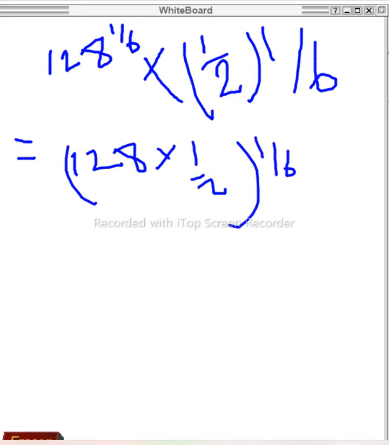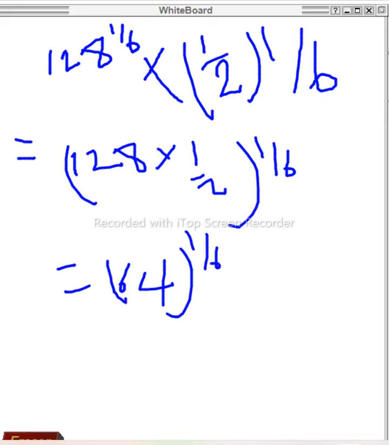When we multiply 128 by 1 over 2, we get 64, because when we divide 128 by 2, we get 64. So 64 to the power of 1 over 6.